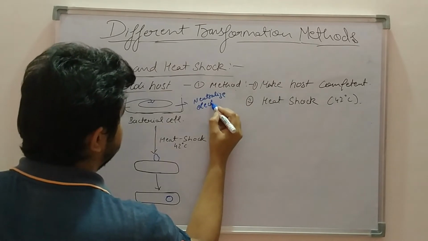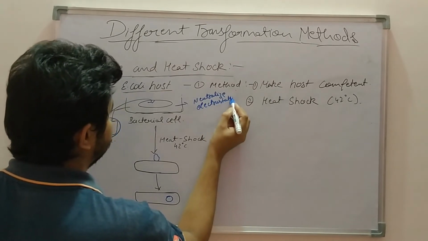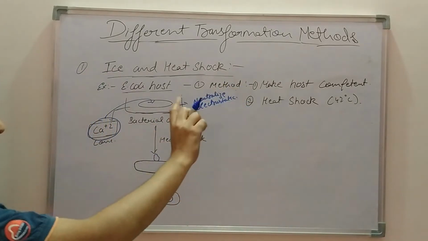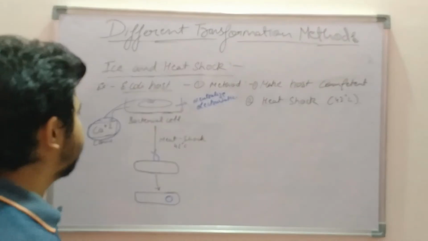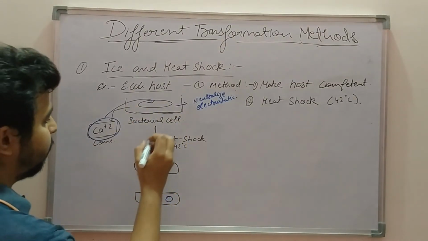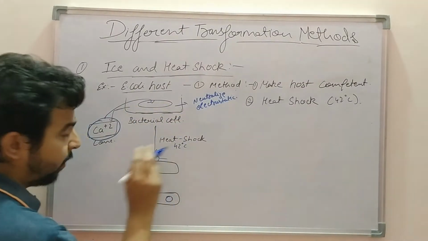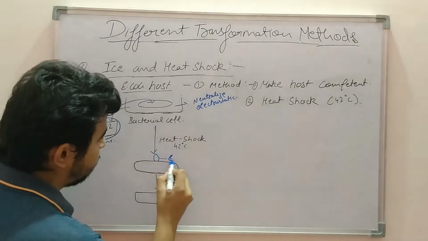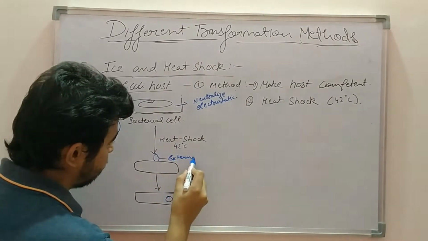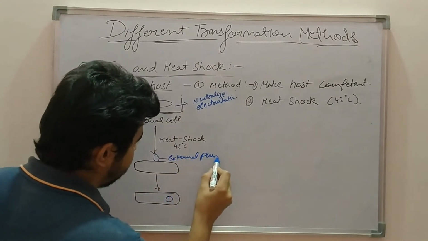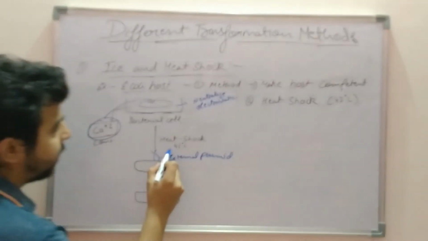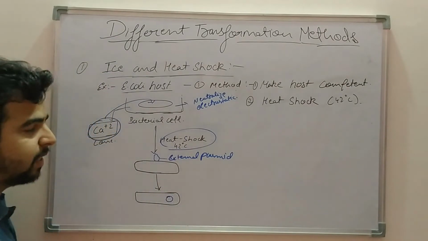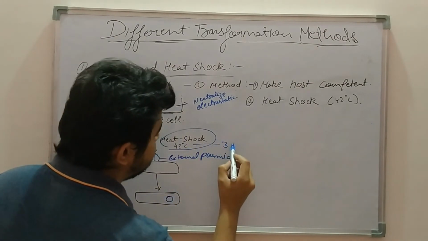electrostatic conditions of the E. coli plasma membrane. Now we will fix our external plasmid at the bacterial cell, and we will give a heat shock at 42 degrees Celsius for approximately 3 minutes.